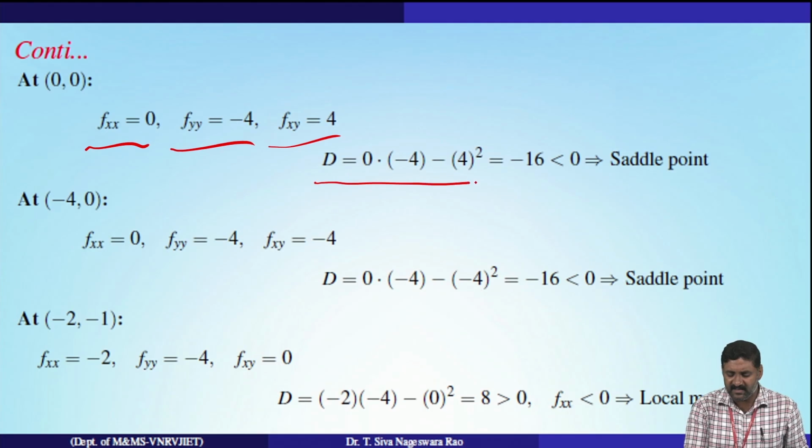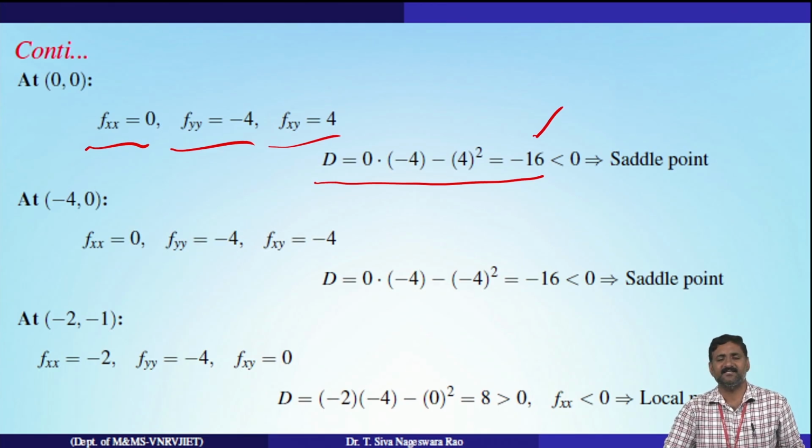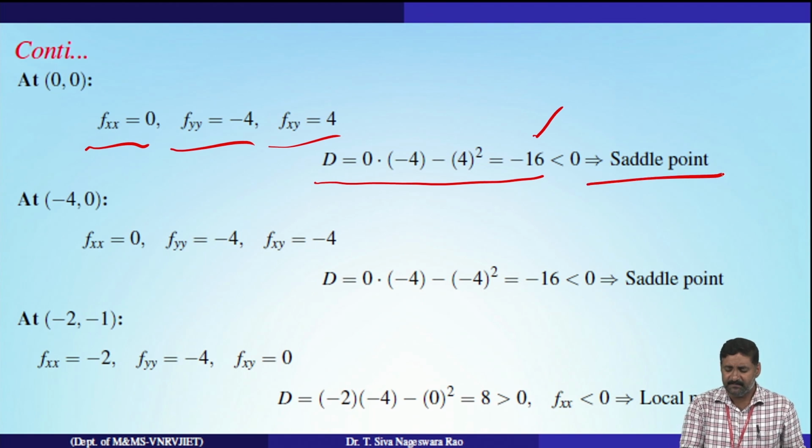Then what is the value of D? D value is equal to minus 16. Clearly, D is less than 0. So based on our procedure, if D is less than 0, we can say the function will have neither maxima nor minima. So such type of critical points are said to be saddle points.